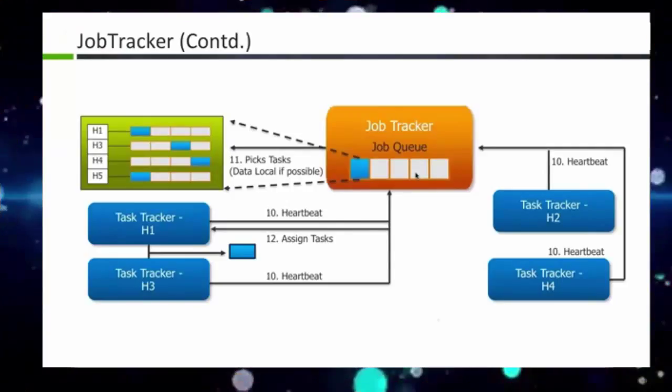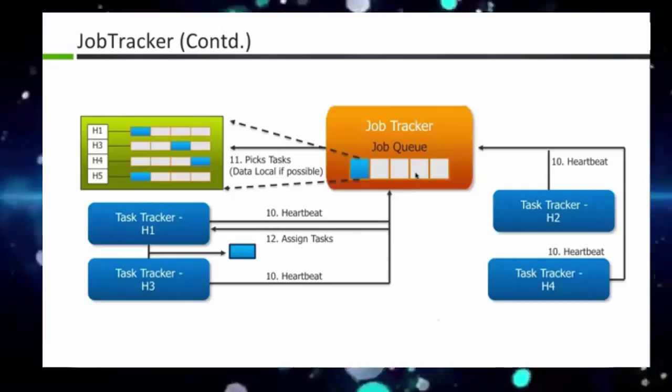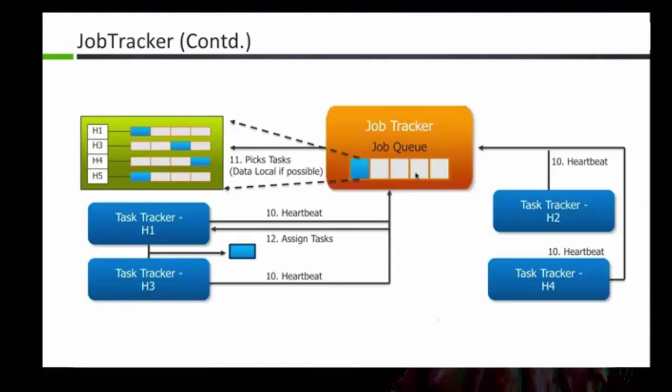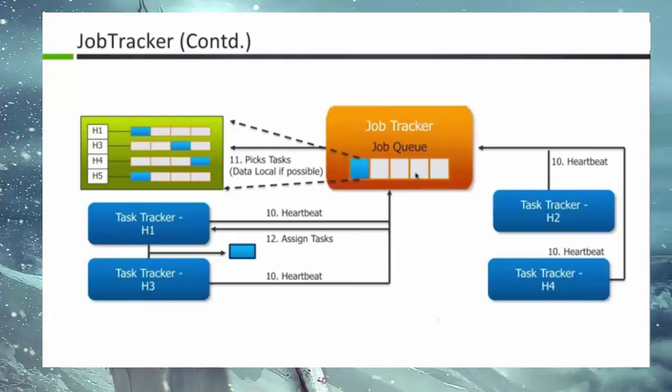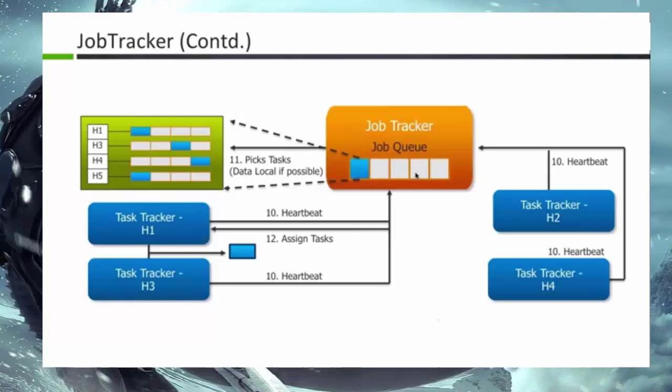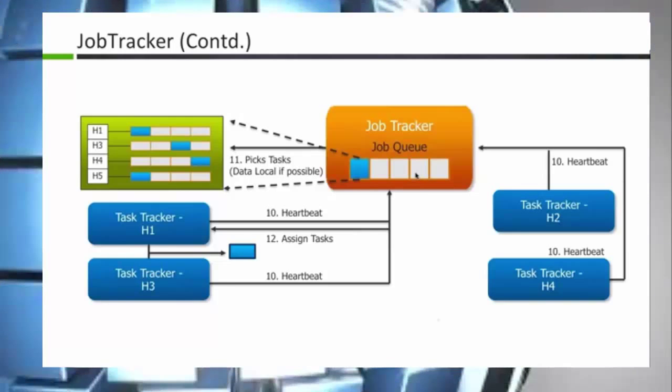And if it sees that there is a task tracker which is not giving me a heartbeat back, I'll know that this particular task tracker is gone. So I'll assign this task to some other task tracker where the same data is replicated. Is that clear, guys?